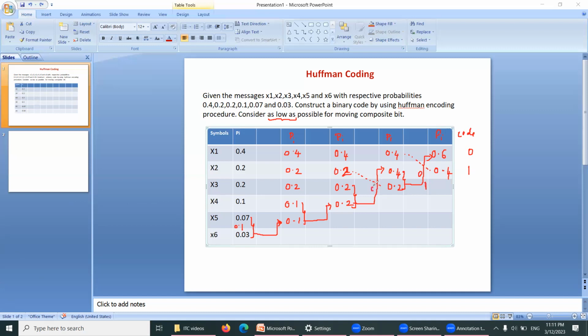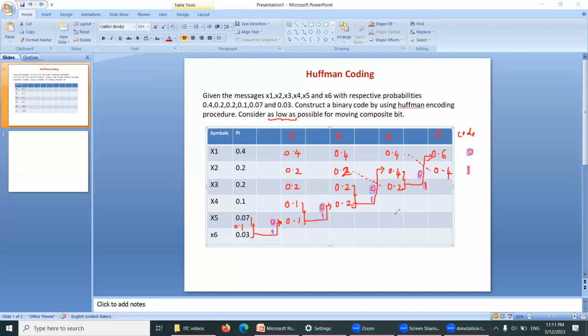So here also I write 0, 1, here also 0, 1, and here also 0, 1. Just for differentiation, I am writing 0, 1 and 0, 1. This is the second step: for every combination, you assign the code values 0 and 1.